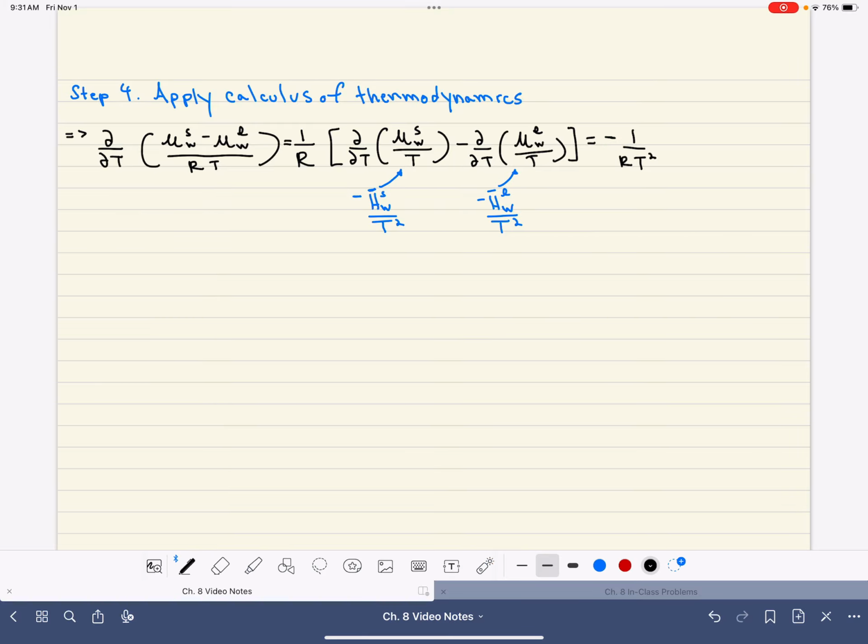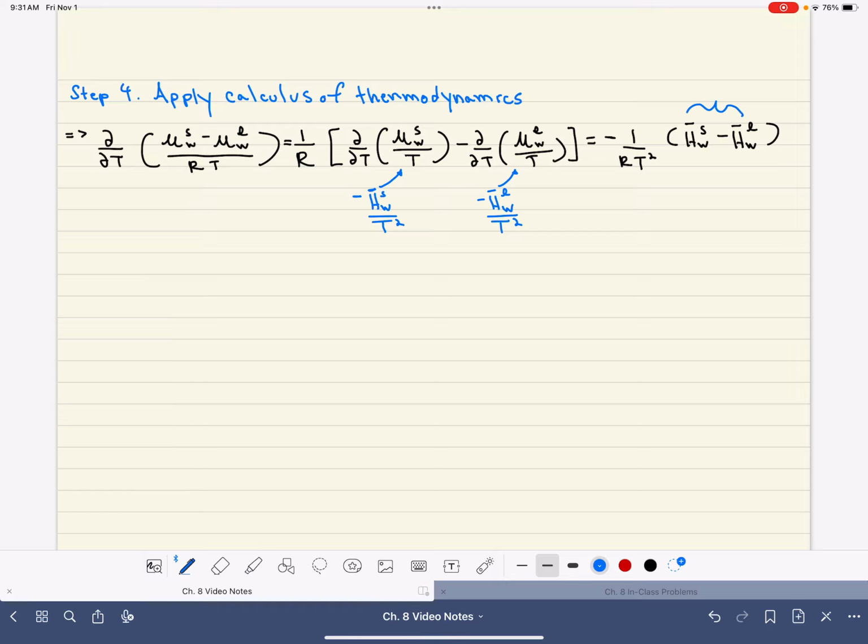And so here what we have is now the difference between the partial molar enthalpy of water in the solid phase minus the partial molar enthalpy of water in the liquid phase. Okay? All right, and so here we're looking at the difference between the enthalpy of water in the solid phase and the liquid phase, right?